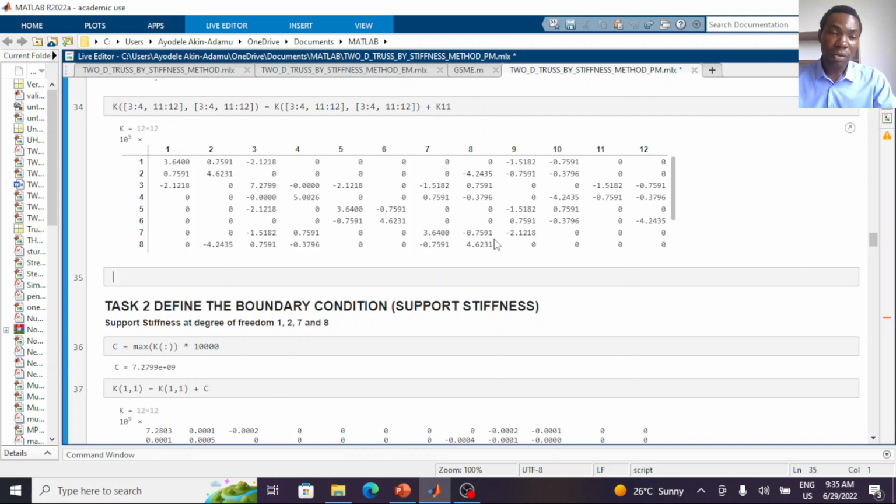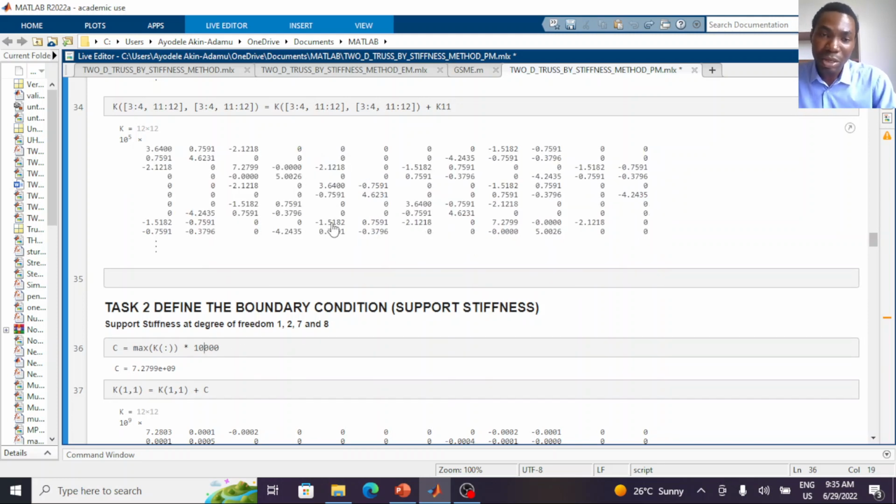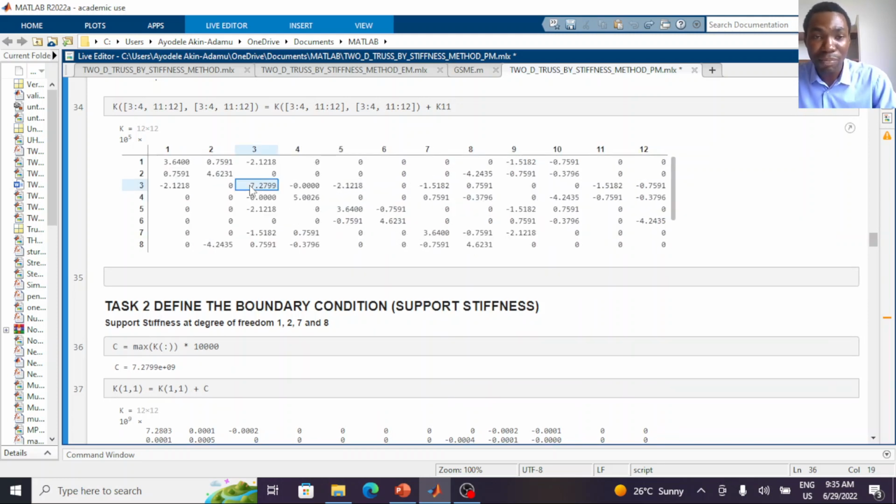In my previous video, I assumed that large stiffness was infinity, but in this video, the stiffness is a large value, and that large value is the largest component value in this 12 by 12 matrix multiplied by 10,000.